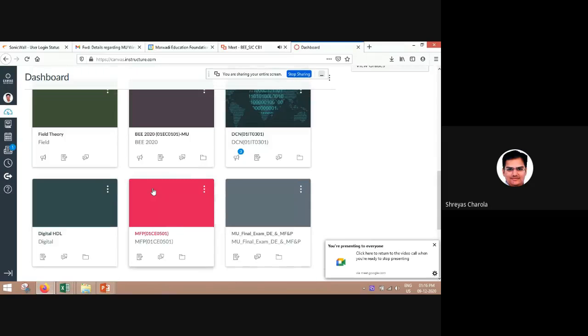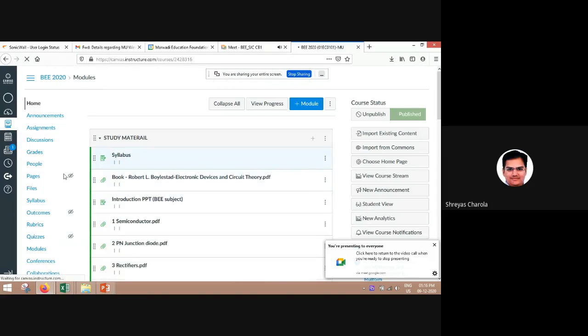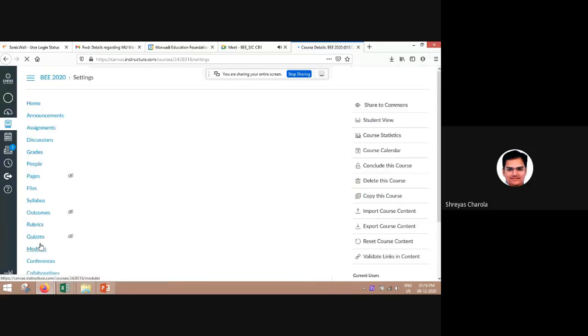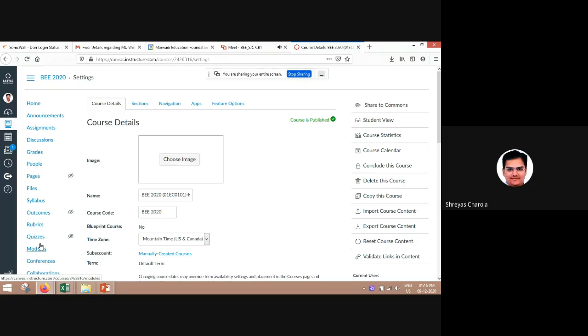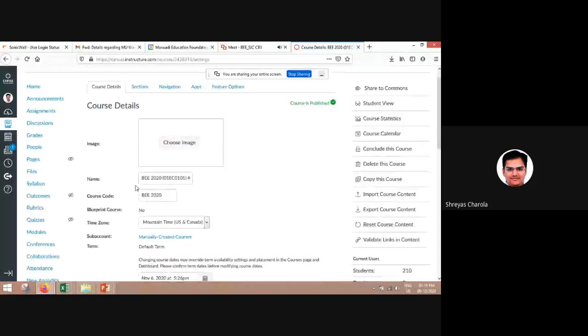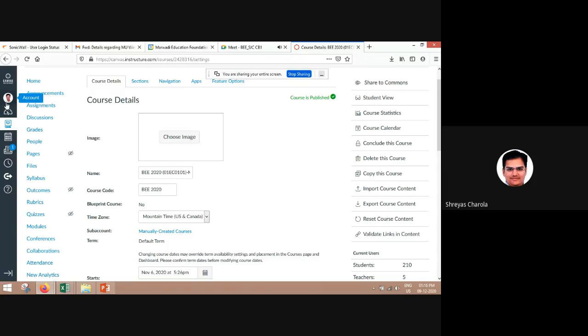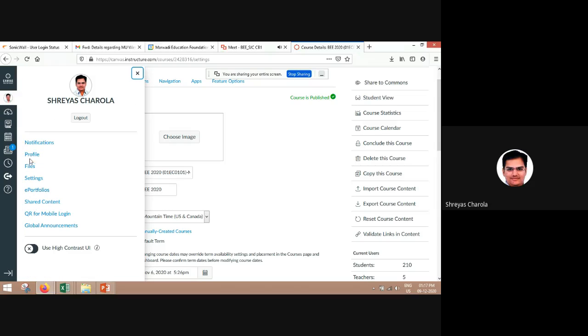Go to the dashboard and go to the BW2020 menu. There you will find settings. Go to the settings. Sorry, my mistake. Go to the account and there go to the profile.